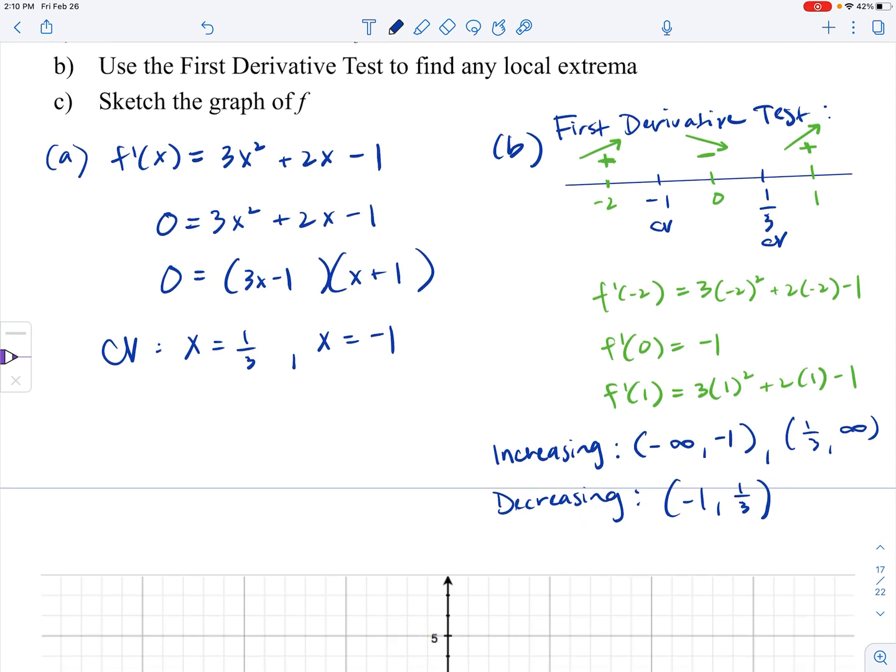Okay, so because at -1 the graph went from increasing to decreasing, that tells us there's a local maximum. And it'll be helpful for us to know the actual point.